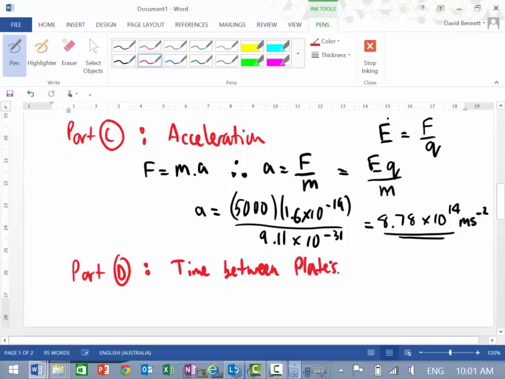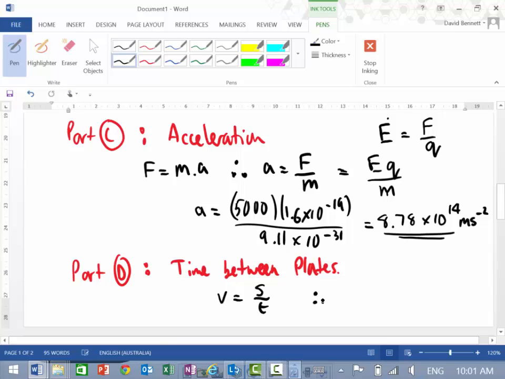What do we know about our most basic formula for distance and speed and velocity? Velocity is equal to the distance travelled over the time, isn't it? So that's our most basic thing. Velocity is equal to the displacement over the time.